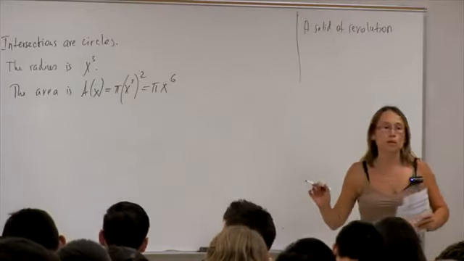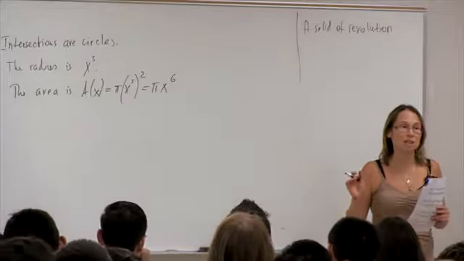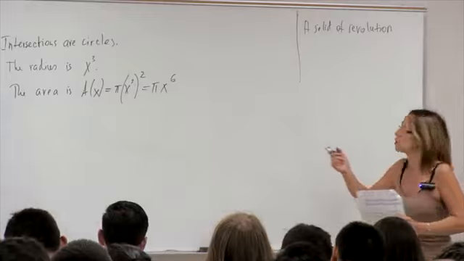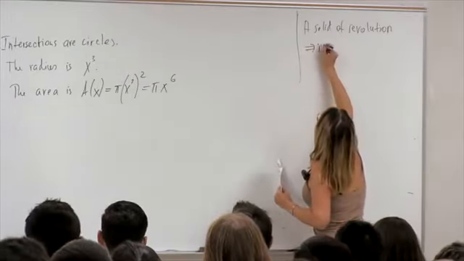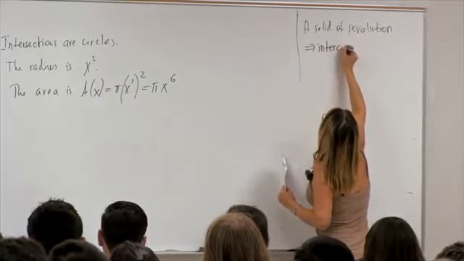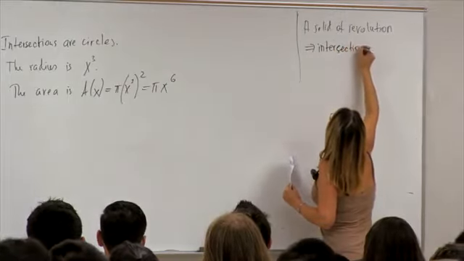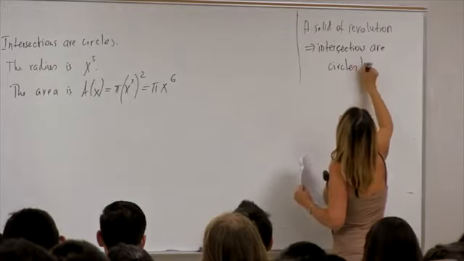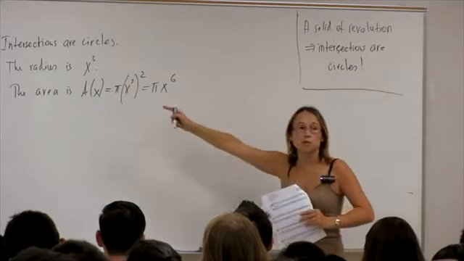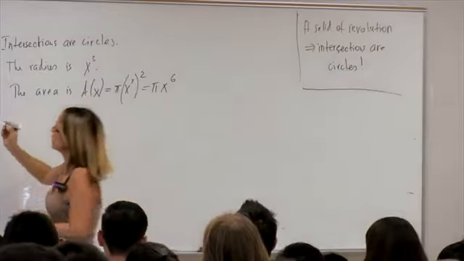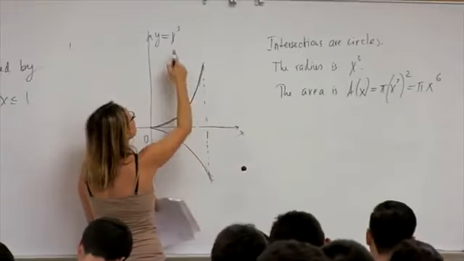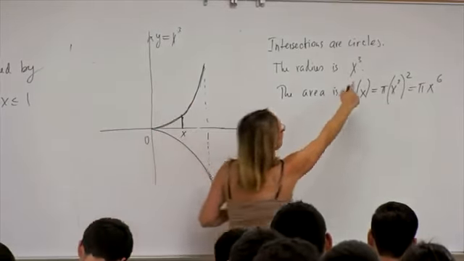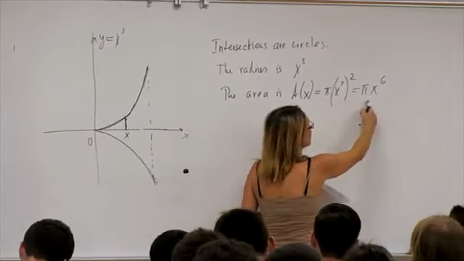Now, solids of revolution are great because the intersections are circles by construction. Makes it totally easy to calculate their area. If we know the radius, and we do know the radius here because we know the function, we know the area.